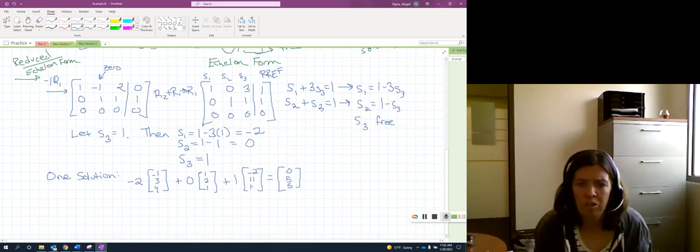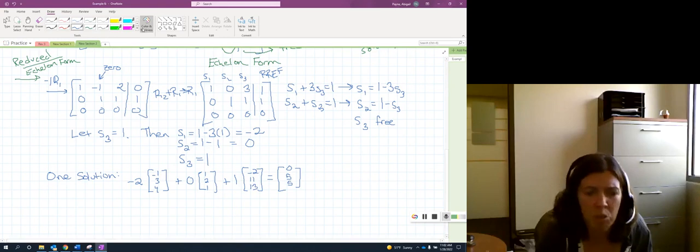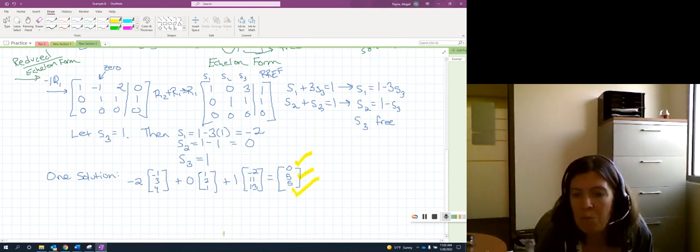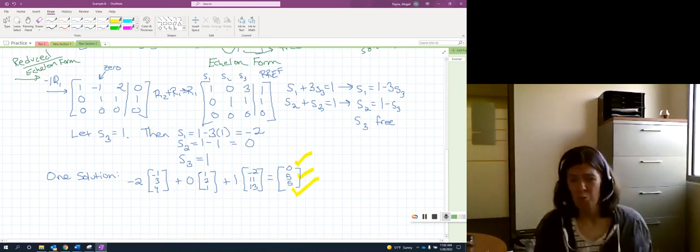Let's just see if this works. I'll get the highlighter, it's easier for me to point. Negative 2 times negative 1 is 2, plus 0, minus 2 gives us 0. That looks good. Negative 6 plus 0 plus 11 is positive 5. That's good. And negative 8 plus 0 plus 13 is positive 5. Yes, so this does seem to work.